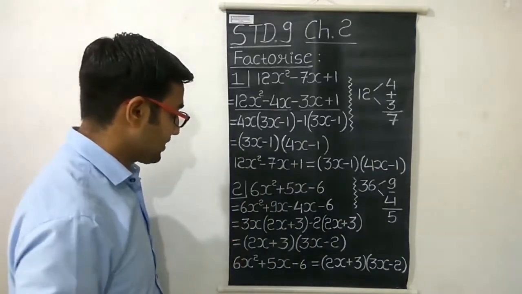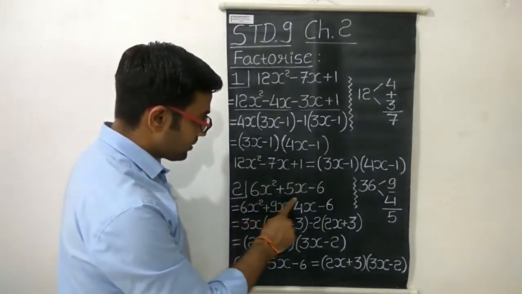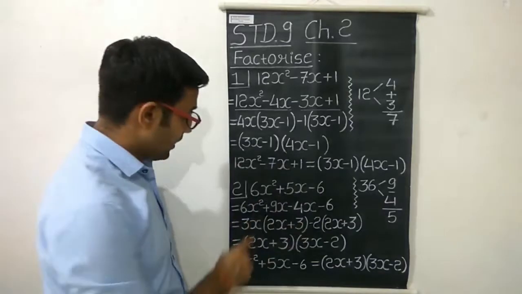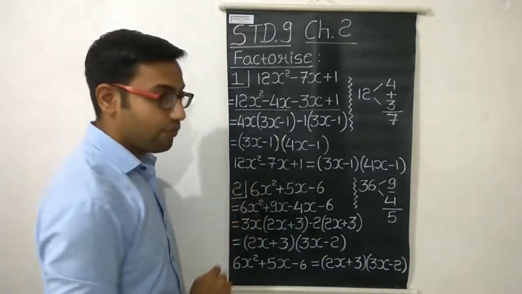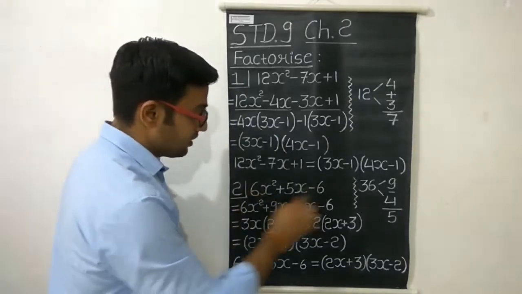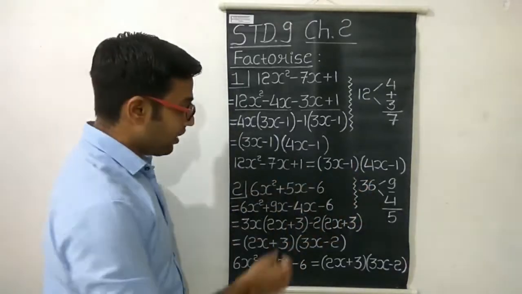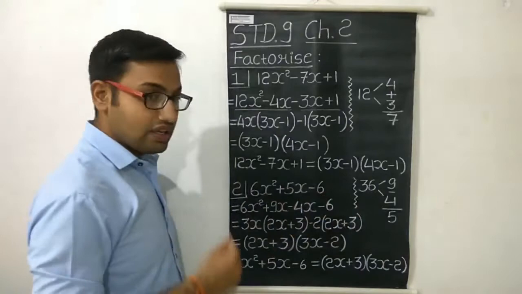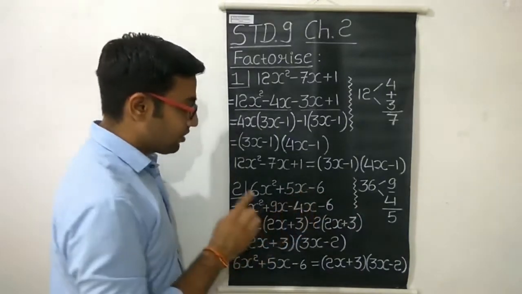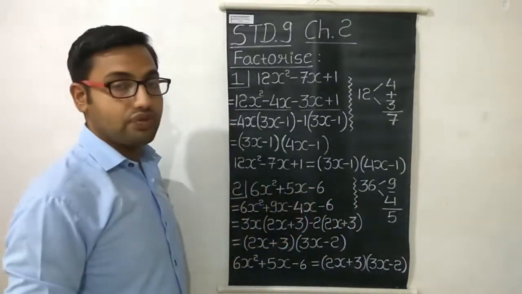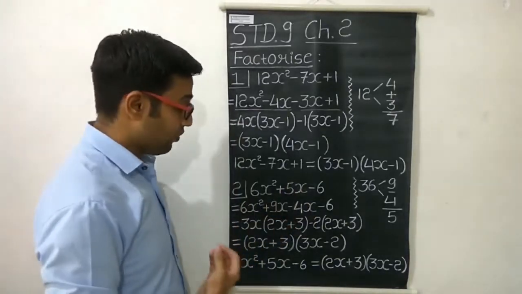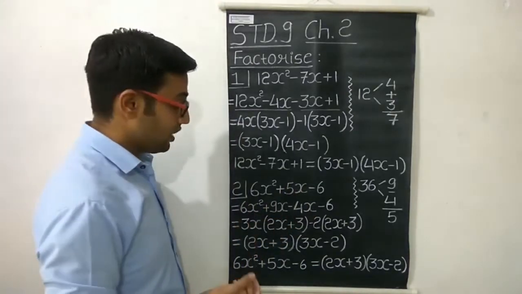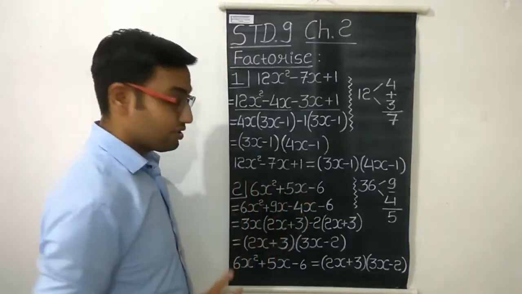Let us take one more example: 6x square plus 5x minus 6. Again, take the constant 6. The coefficient of x square is also 6. 6 sixes are 36. Now we have to factorize this 36 such that the subtraction of the factors becomes plus 5. There are many factors of 36, but we have to consider only those factors whose subtraction becomes 5.